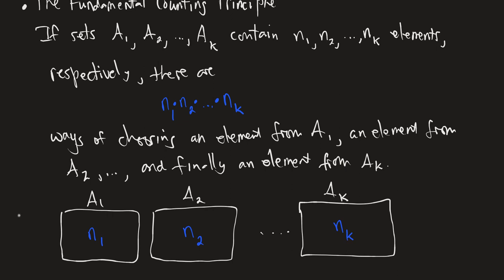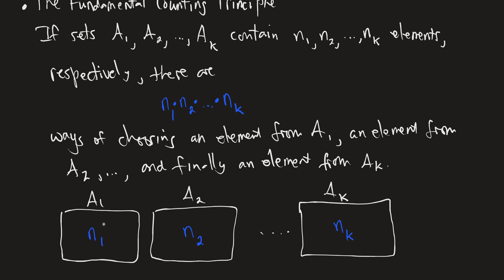You're choosing any of the n1 elements first, and choosing any of the n2 elements second, and then finally any of the n sub k elements last, and you're trying to figure out how many ways can you do that, right?